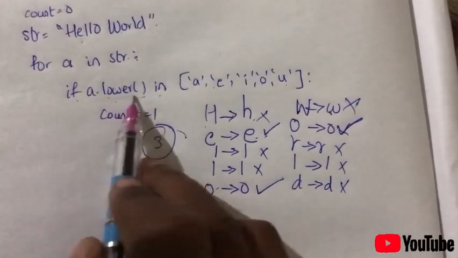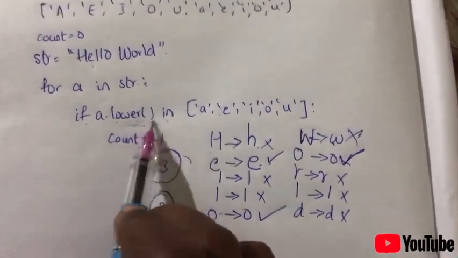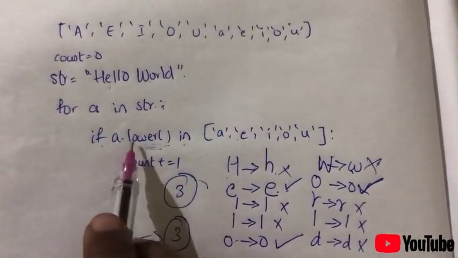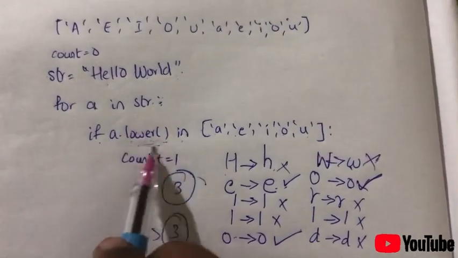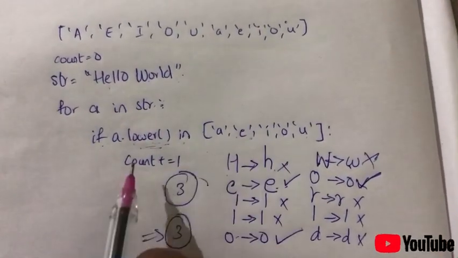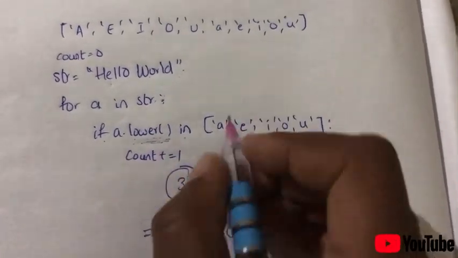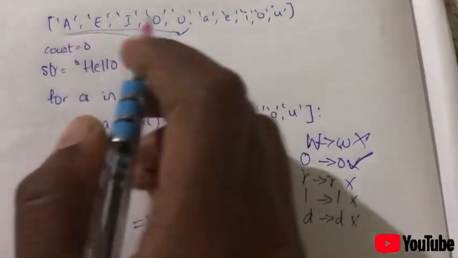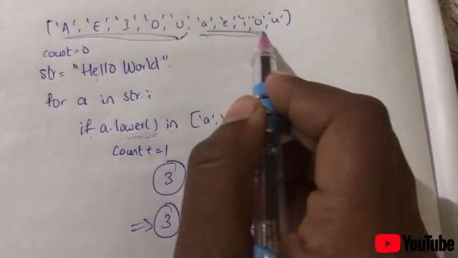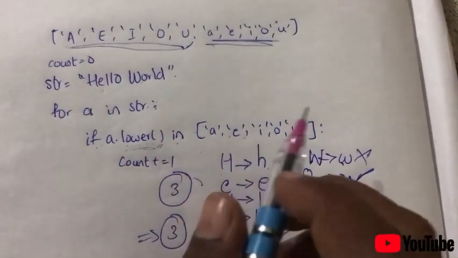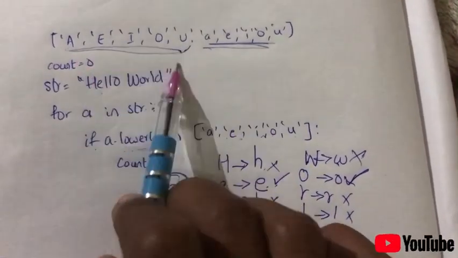I am using the lower function because instead of using all these characters in the list, I am simply converting the character into lowercase and checking in this list. You can also use the upper function here and use uppercase characters in the list.